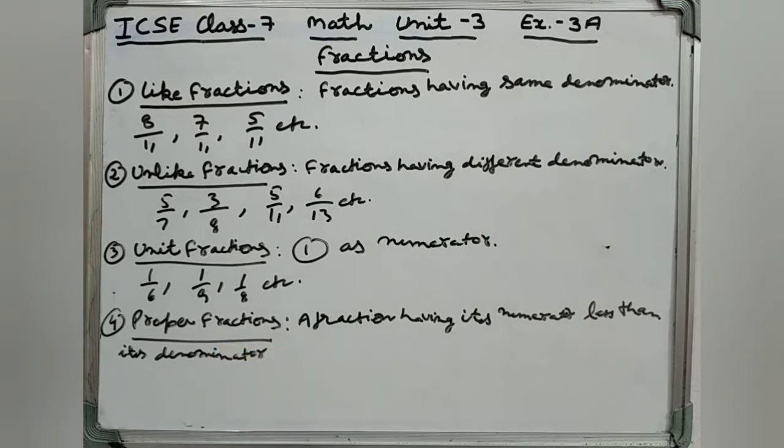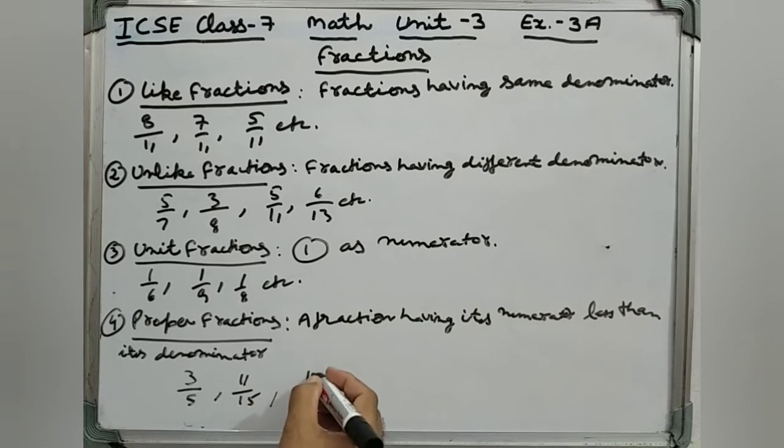Right? These are proper fractions, like 3 upon 5, 11 upon 15. The condition here is that the numerator is less than the denominator, 17 upon 19, and so on. Right? Now we will move on to the next fractions.